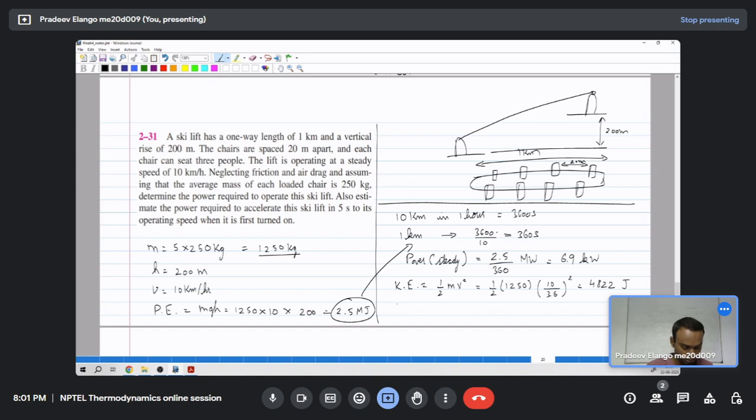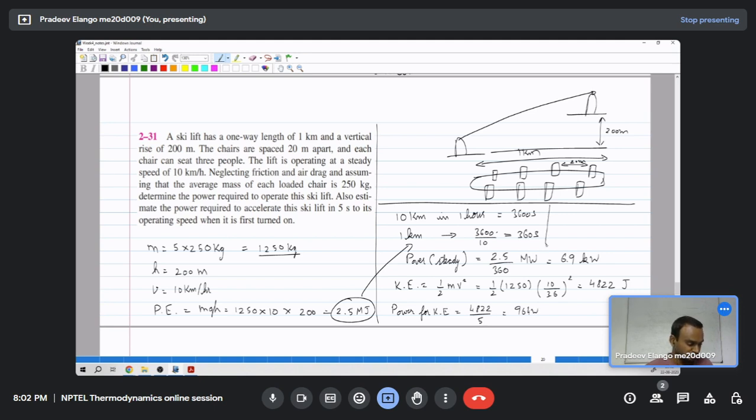So the power to impart kinetic energy in 5 seconds will be 4822 by 5, and that is 964 watts.